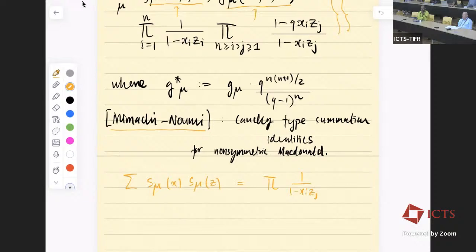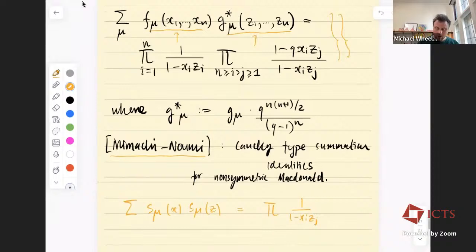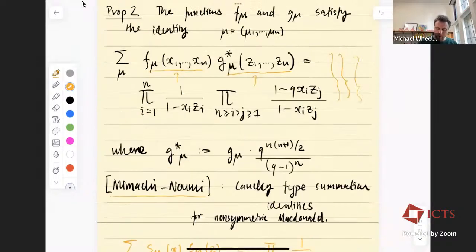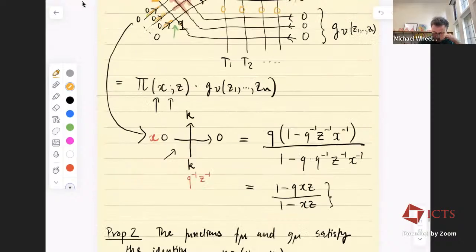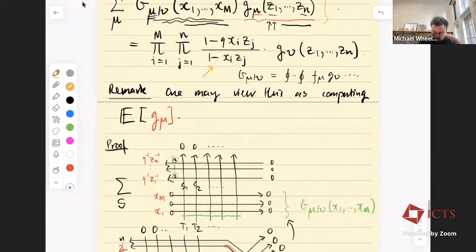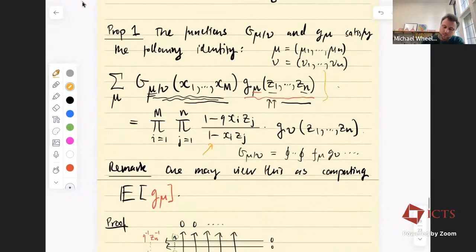Yeah. So that's kind of related to the comment that I was making here. So this is more like a true Cauchy identity.